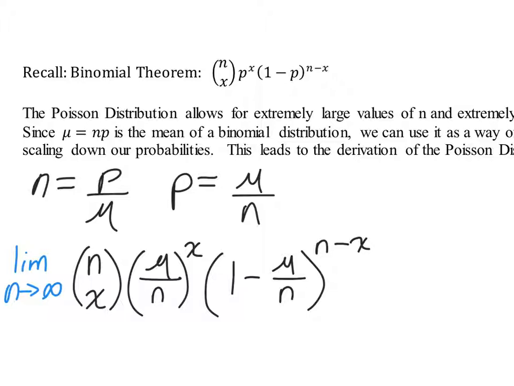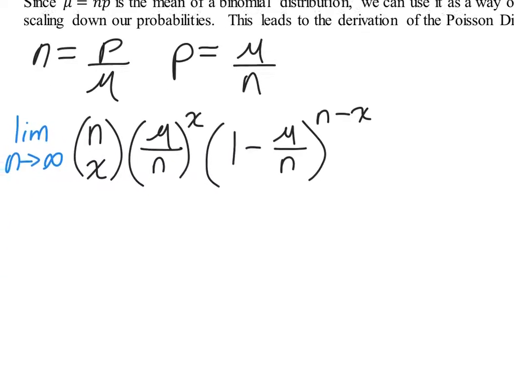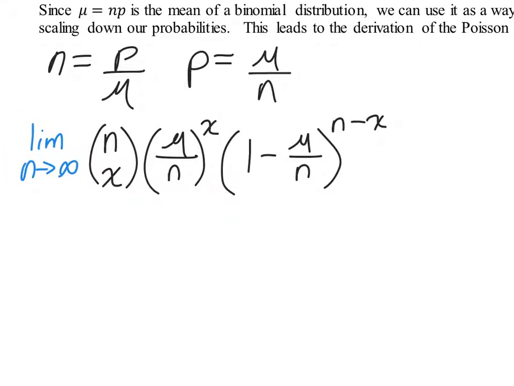Just a little background in pre-calc is all you really need to be able to handle something like this, and also knowing the general definition of a combination, n things taken x at a time. The formula for that is n factorial, so I'll color code this somewhat.